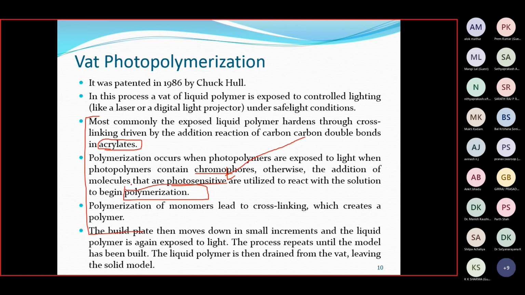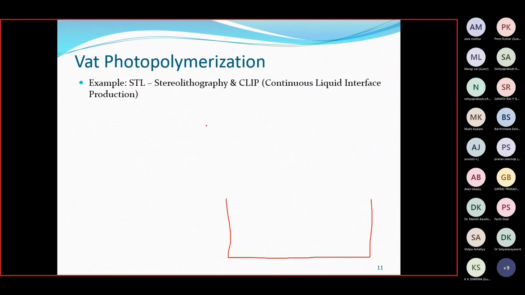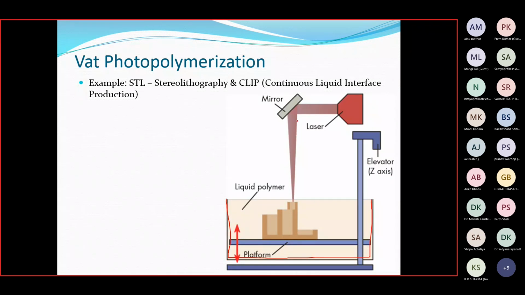That's the way we create one single layer. The very thin first layer will be created on the top itself, and then the base, or platform, will come down a little bit, and the second layer will be created, then a little bit down the third layer, then the fourth, and that's how so many layers are created, and at last you get the object.